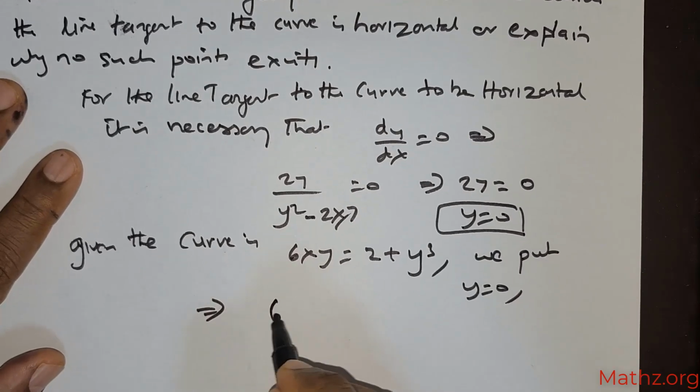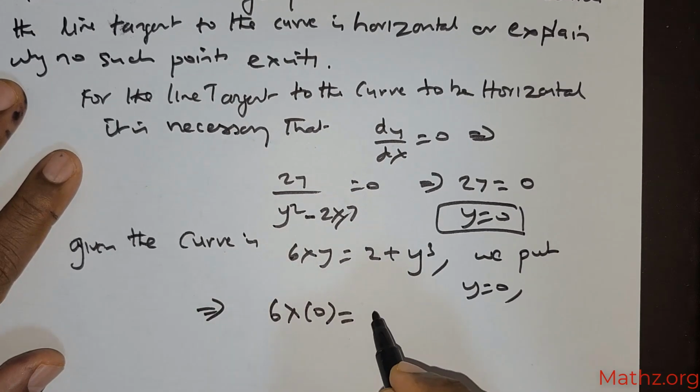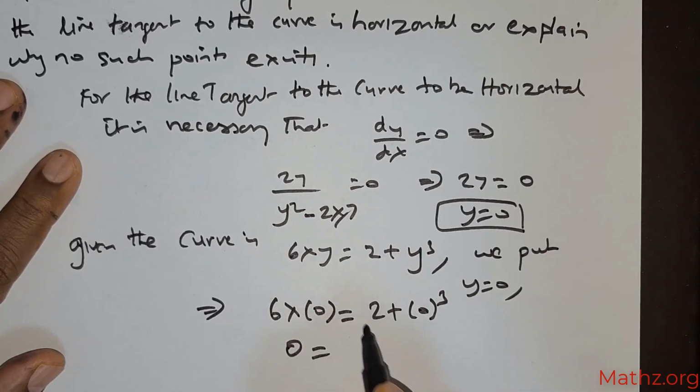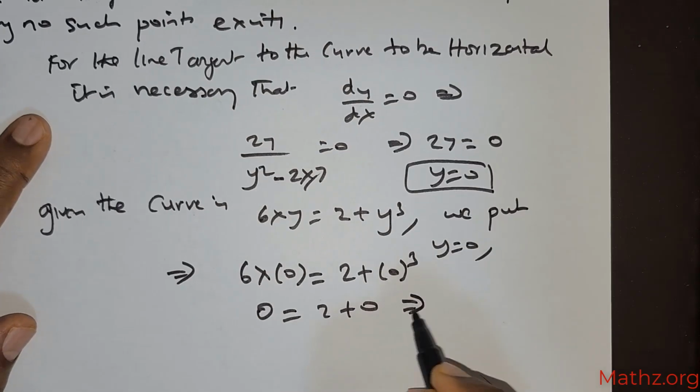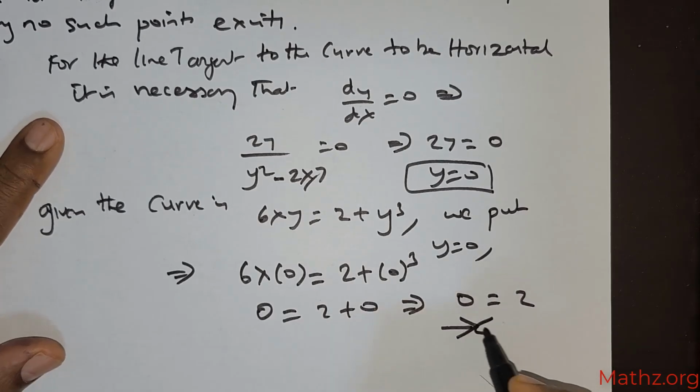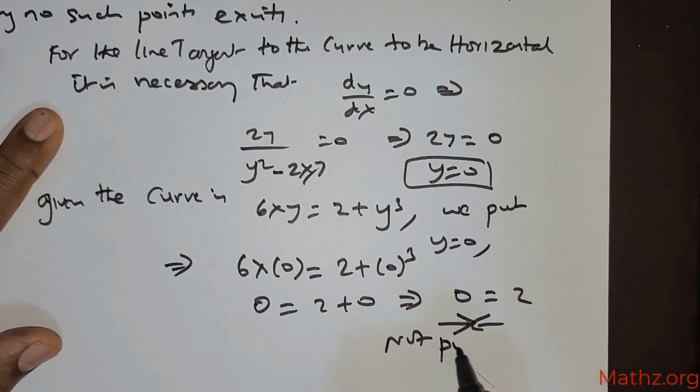So this would give us 6x(0) = 2 + 0 cubed. This will be 0. This will be 2 + 0. This means 0 is equal to 2, which is not possible, a contradiction, and then you write not possible.